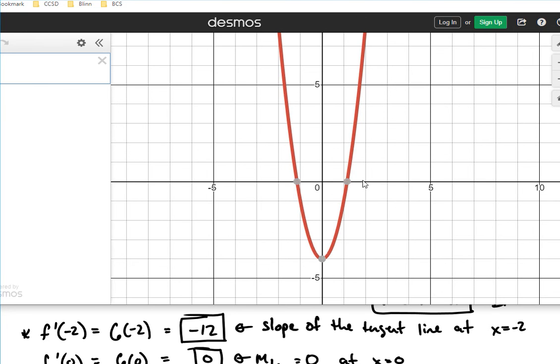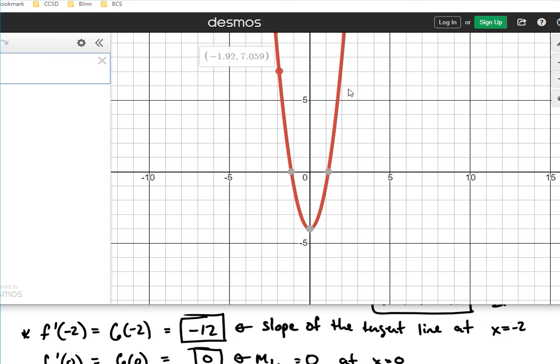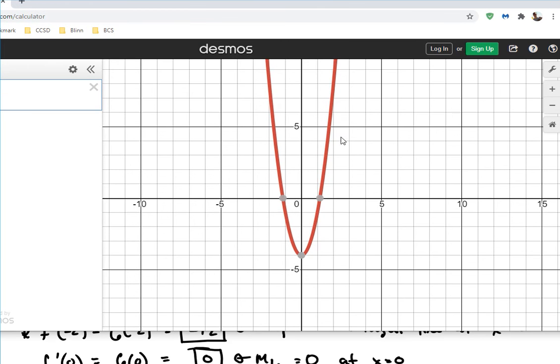So at x equals negative 2, here is negative 2. Let me find it on the dot. So I have the point negative 2, 8. It's maybe a little tough to see, but if I were to draw in the line through this point, it would look like it has a slope of negative 12.